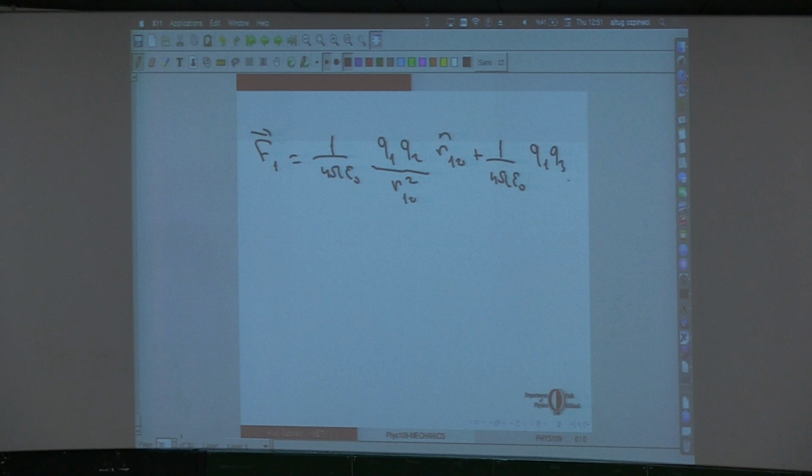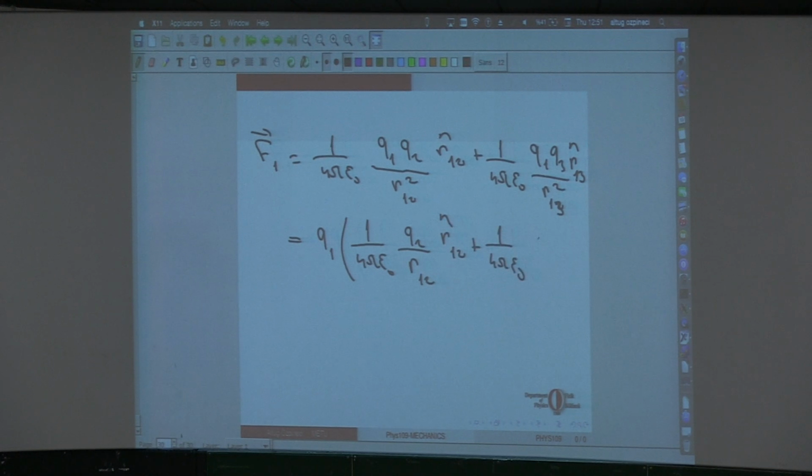Plus Q1, Q3, R13 hat. Well, both of them are proportional to Q1, so we factor out 1 over 4 pi epsilon 0, Q2 over R12 squared, R12 hat, plus 1 over 4 pi epsilon 0, Q3 divided by R13 squared, R13 hat. Okay, this is our force.